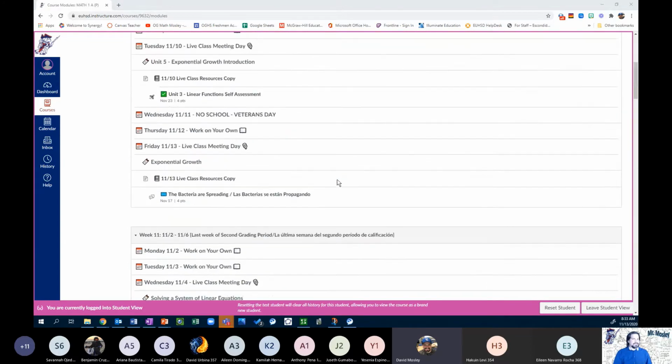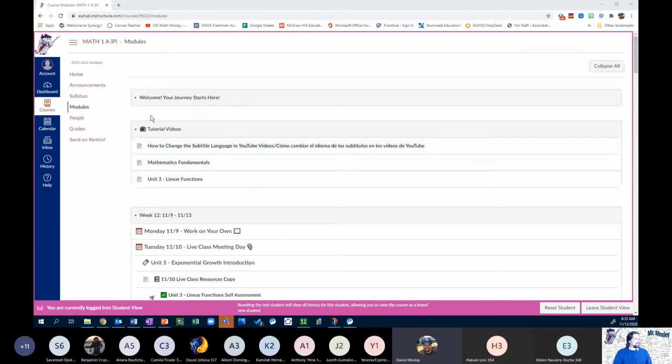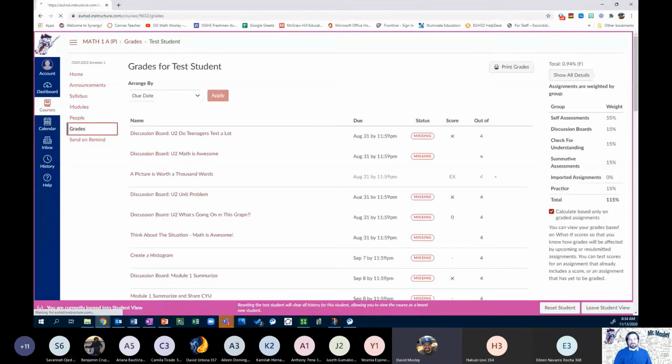All right. So there's that. You can also look at your grades. I have this option open for you guys within Canvas. This will obviously also show you which things you are missing. It actually says missing.